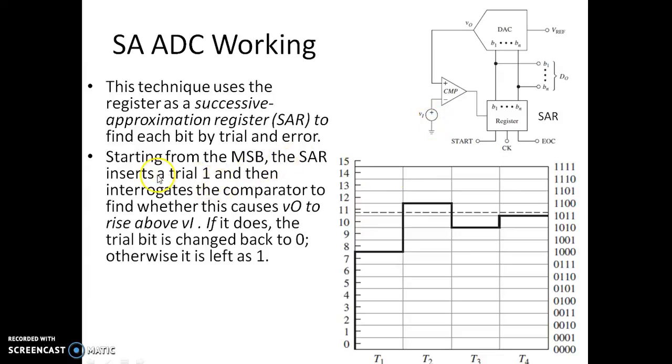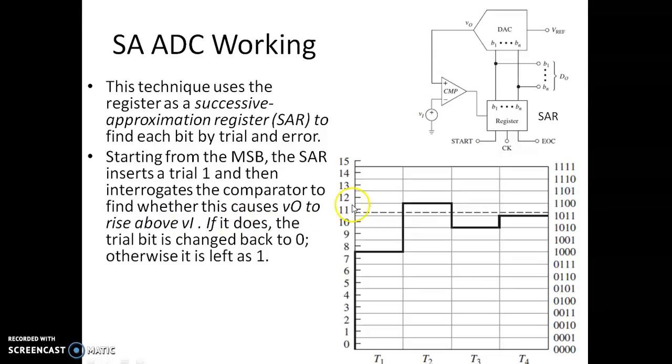It inserts a trial 1 and then interrogates the comparator to find whether this value, V0, which you are getting because of this 1000, is to rise above Vi.